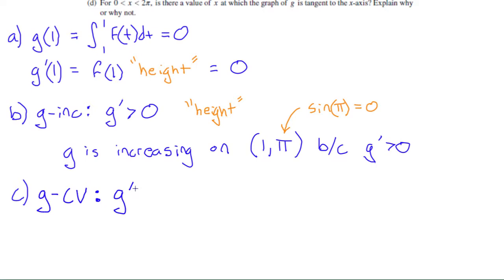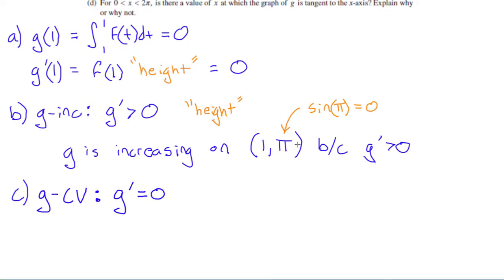What is the definition of GCV? F equals 0. Okay, you're right in terms of F. Are you okay, Rochelle? Okay. But in terms of G, what is it? You're, again, skipping too many steps, Ben. In terms of G, what is the CV of G? G prime equals 0.